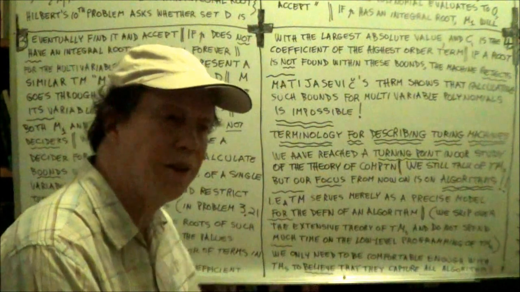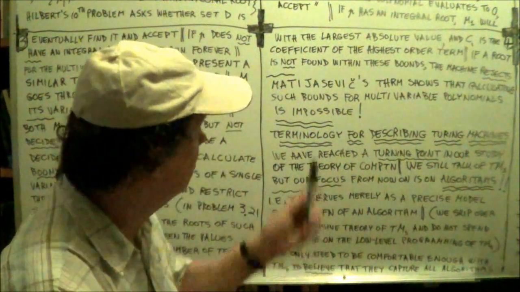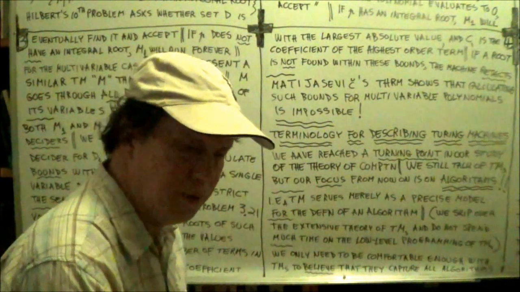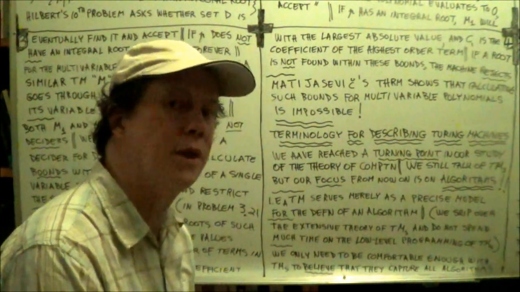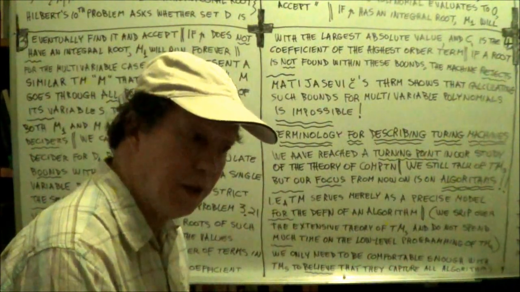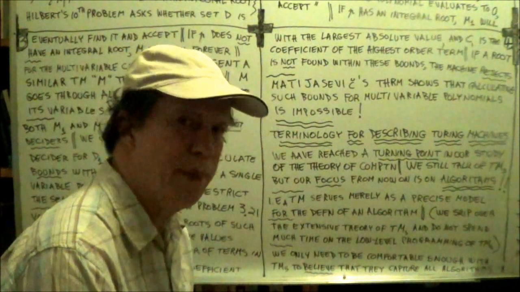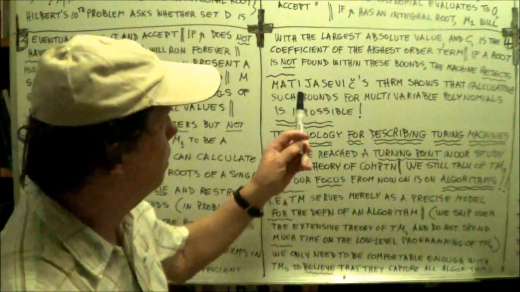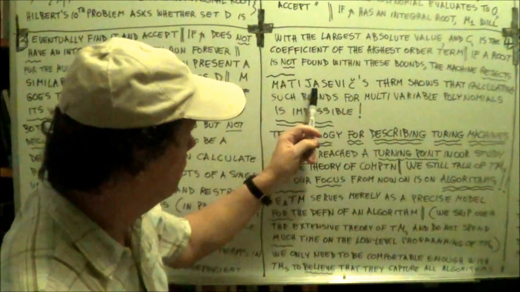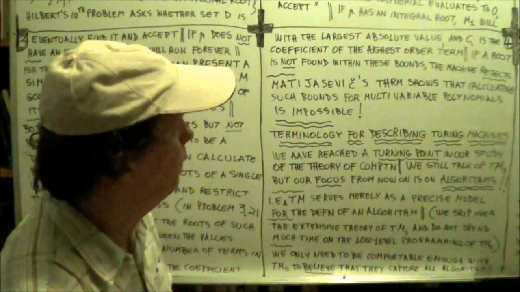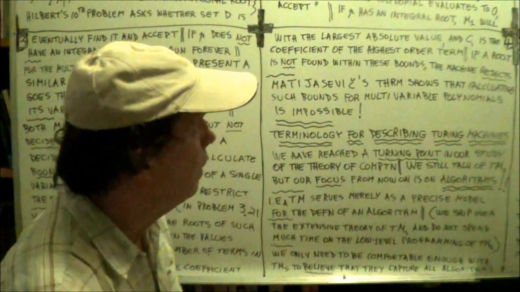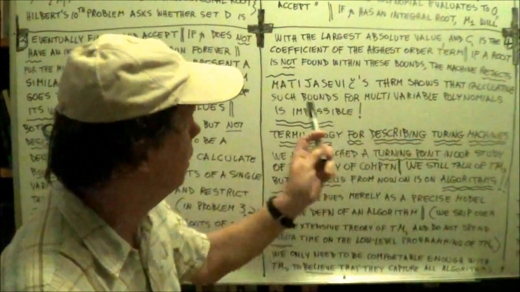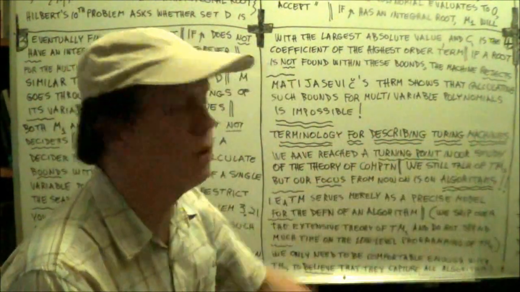It's a lead-in to how Matijasevic gave an answer to Hilbert's 10th problem. He did something similar in the sense he too worked with bounds, and what Matijasevic did in his famous theorem was show that it's impossible to calculate such bounds for multivariable polynomials.